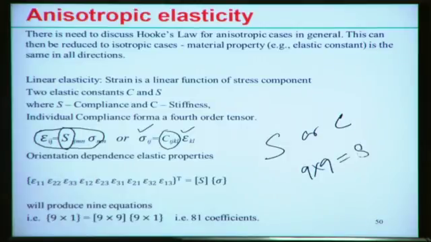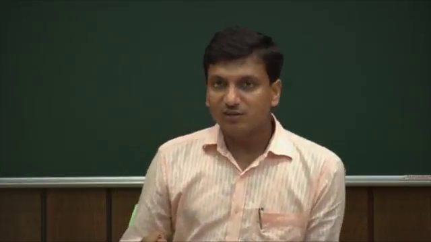So a total of 81 components will come into the picture. But practically, to find all these constant terms is really difficult. So we can take advantage of the symmetry properties of different crystal structures, and it is possible to reduce this huge number of elastic constants. So let us look into how we can analyze all these anisotropic constant terms.